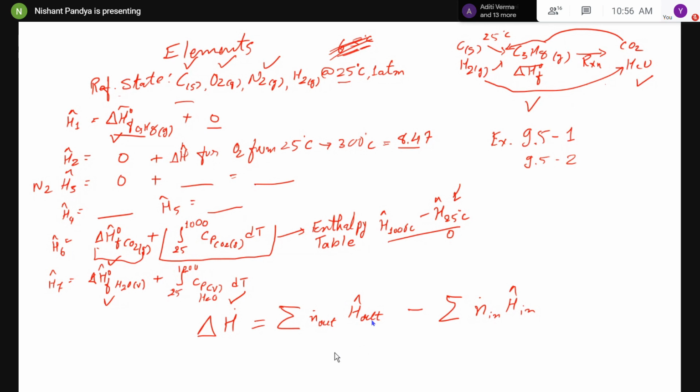So first thing, read all the solved examples and understand how they have done it. In all these material balance and energy balance examples, in energy balances we put delta EK 0, delta EP 0. When the reaction is there, we ignore all this part. There are complications later when we do the process design principles course.